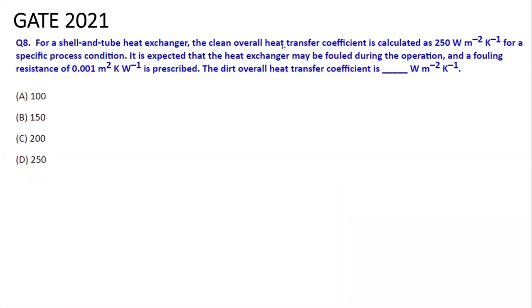So basically the fluid they are going to use is expected to be of fouling nature, the fouling resistance of that fluid is given, and now they are asking you to calculate the overall heat transfer coefficient including that fouling factor.